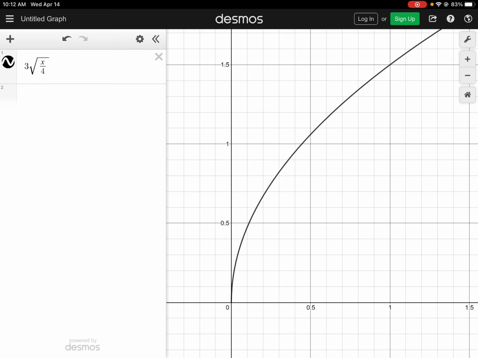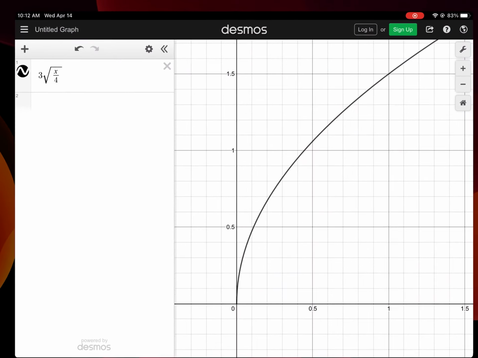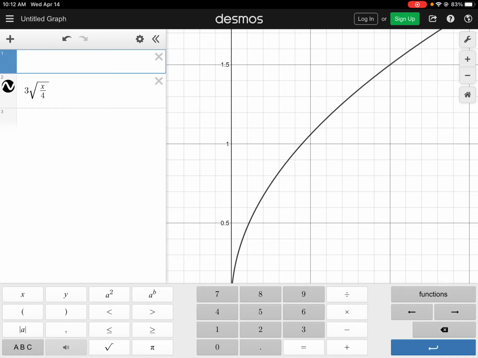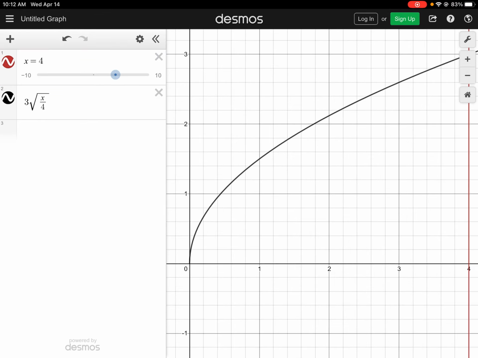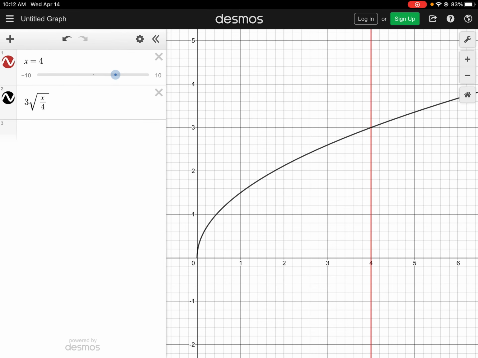So we're looking at this graph and it's bounded by that graph, x equals 4, by that red line, and the x-axis. And what's happening is we're rotating it around that red line, x equals 4.